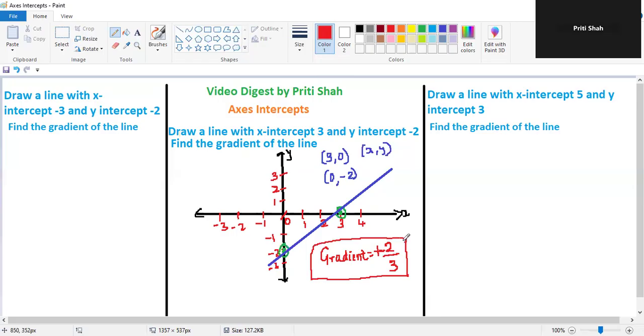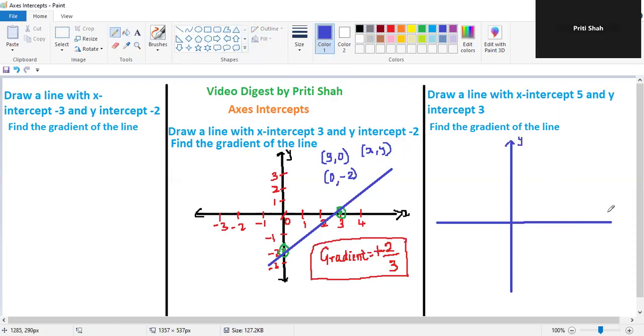Now let's go to the second one. Draw a line with x-intercept 5 and y-intercept 3. Just draw the 2 lines, x and y. This is x. And now let's draw another line, which is y.